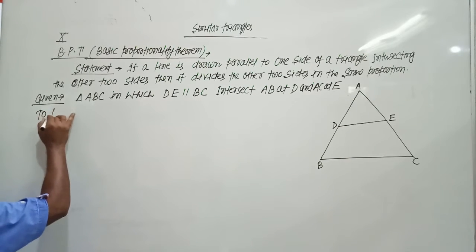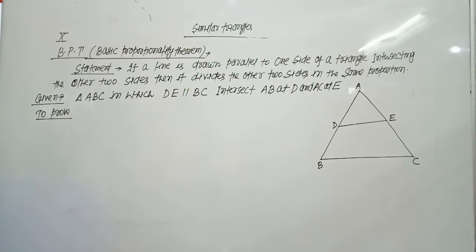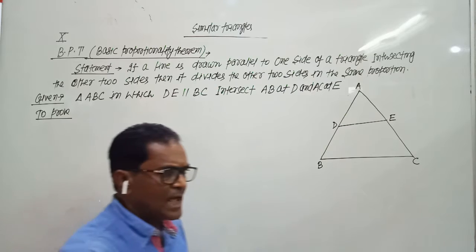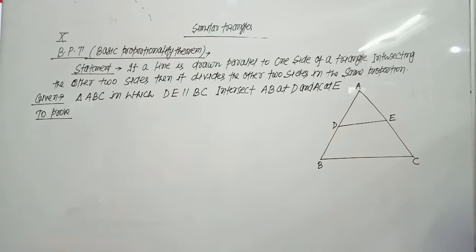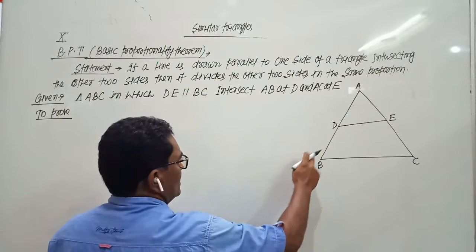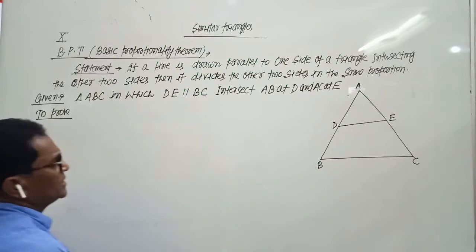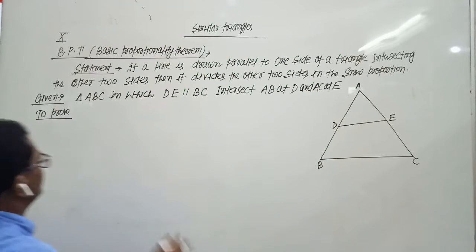To prove. After given, we will have to write the proof. So to prove that side AD upon DB equals AE upon EC. It divides the other two sides in the same proportion.